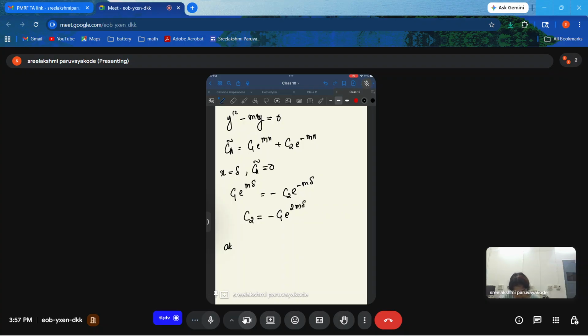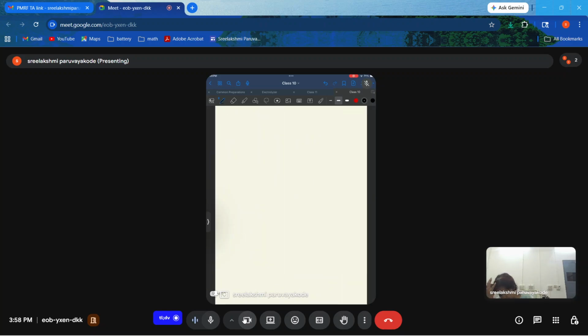Now at x equal to 0, dA dou CA by dou x at x equal to 0 equal to IF by nF minus dB dou CB by dou x at x equal to 0. Now let's simplify it and do it. What do you get? dA dou CA AC by dou x.